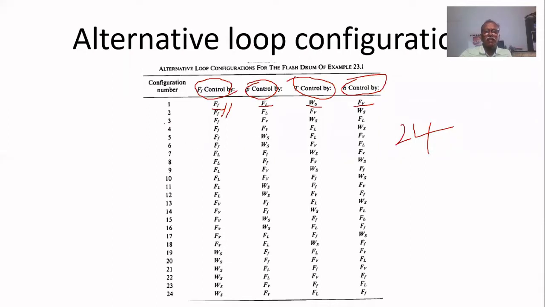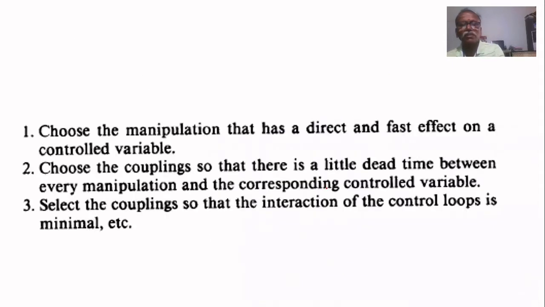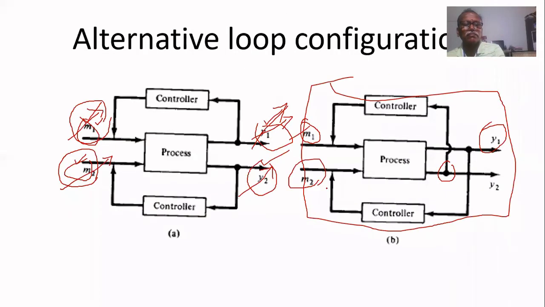By that we selected FF, feed flow rate, to control feed flow rate, FV, vapor flow rate, to control pressure, steam mass flow rate to control temperature, and FL, that is liquid outflow rate, to control H. In that way, we selected these four variables to control this flash drum.